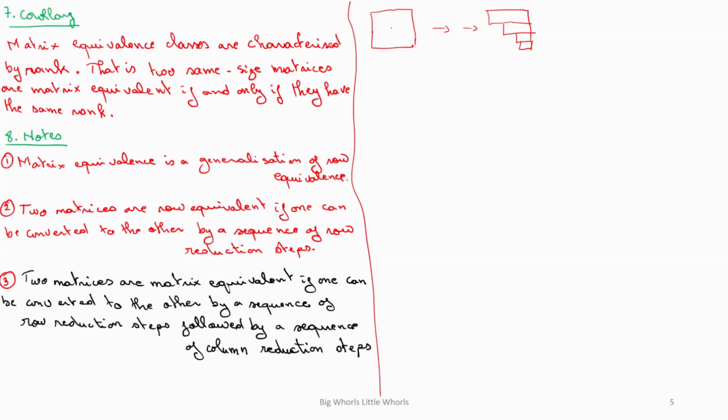So we can say that the original matrix and any intermediate matrix while performing Gauss elimination are row equivalent, because we got from matrix 1 to matrix 2 by row reduction steps. And if you remember, that is Gauss elimination.